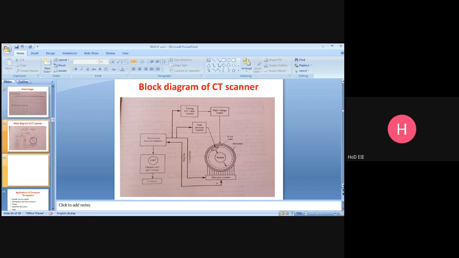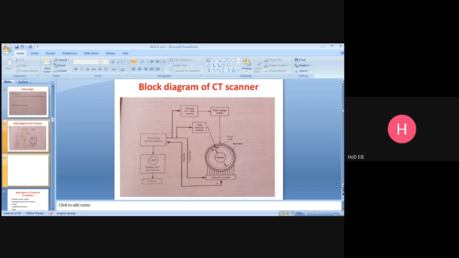When you look at the timing circuit, here you are controlling your anode voltage as well as your current, that is the x-ray beam current.